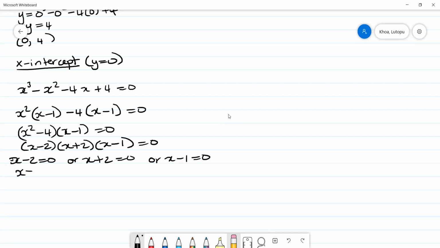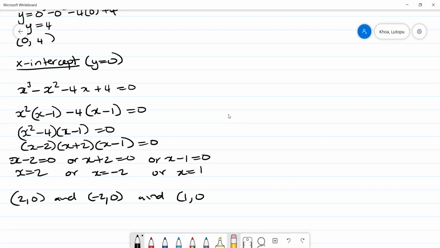So x is 2, x is minus 2, x is 1. Your x-intercepts are 2, 0, minus 2, 0, and 1, 0.